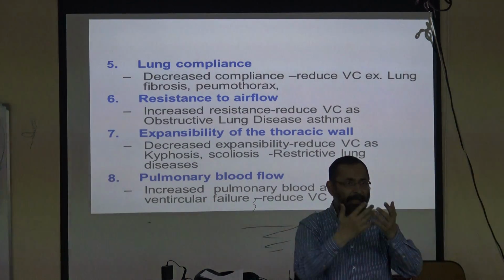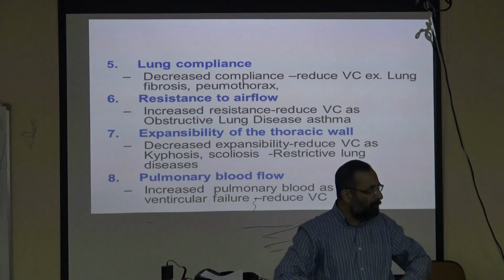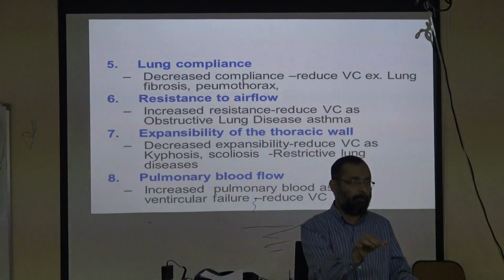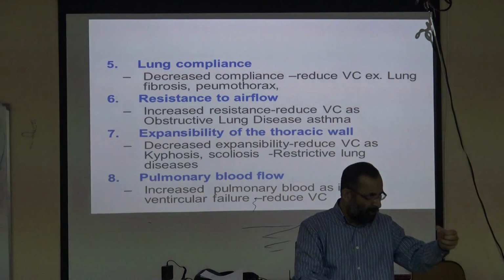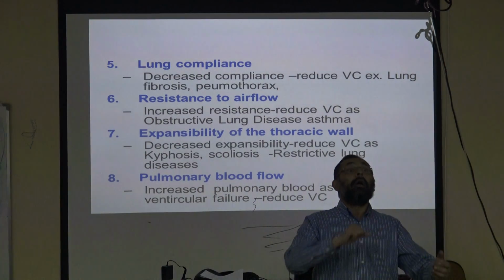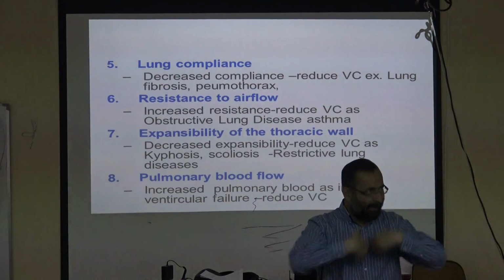But when I'm expiring, my system is being compressed actually, and my little tubes are compressed on the outside, and if there is any obstruction inside, any mucus or bronchospasm, I will have a severe problem, and I cannot bring the air out. Vital capacity is actually bringing the air out.